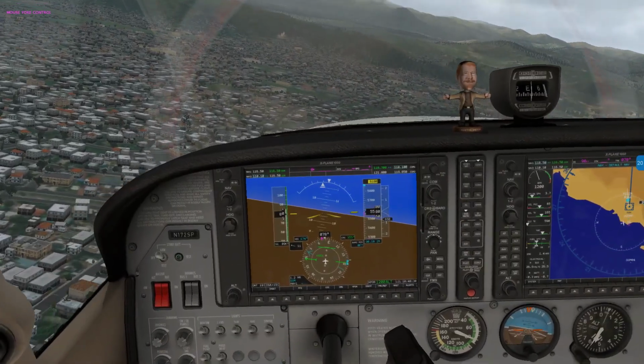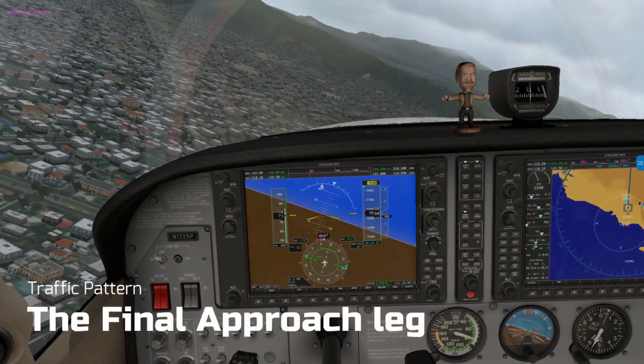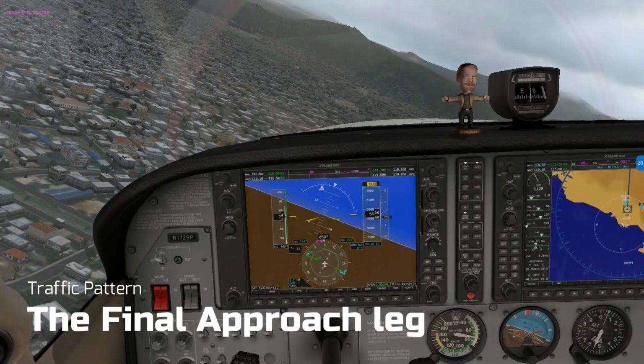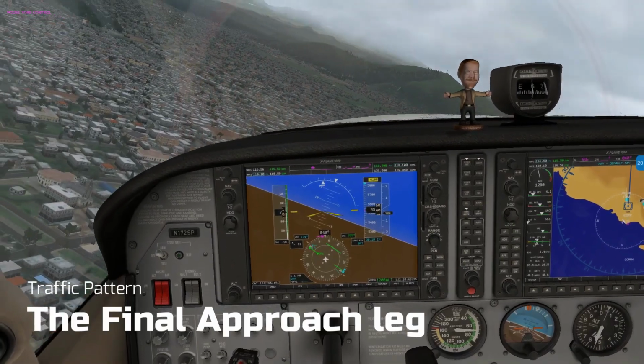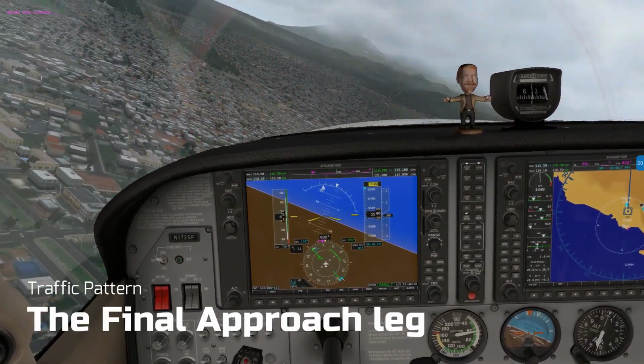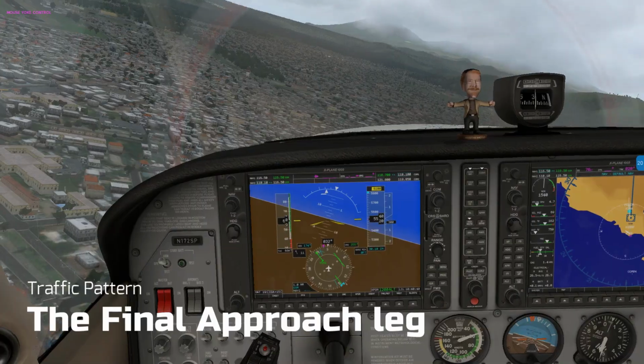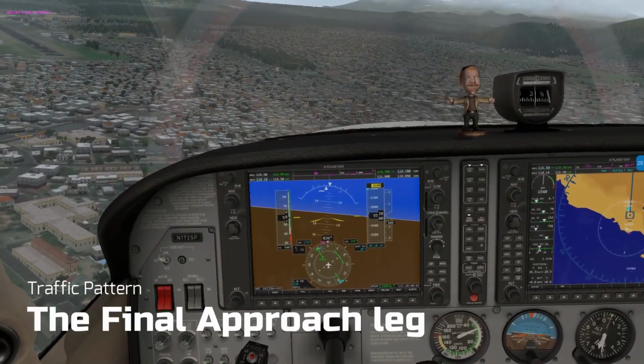Alright, let's turn to final approach leg and let me show you why a lot of pilots love the traffic pattern. Oops, I turned too soon, but it's okay. I can still correct myself.